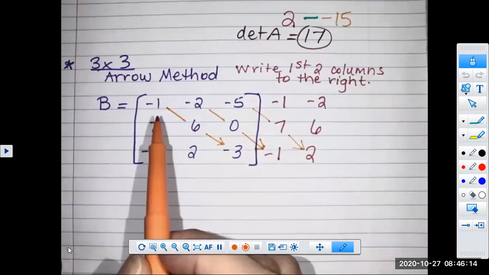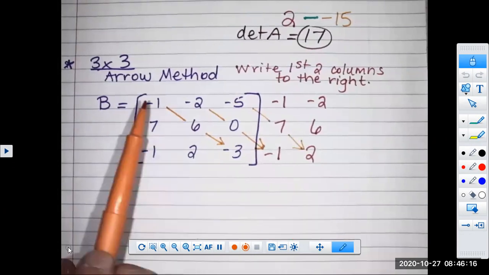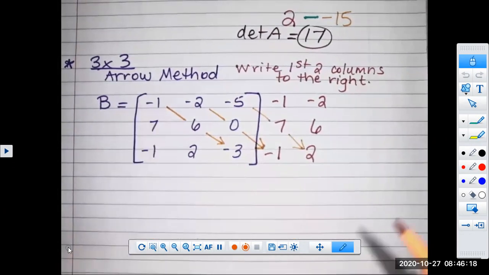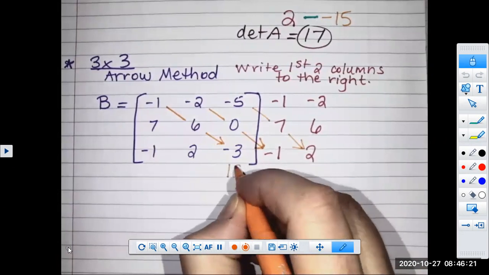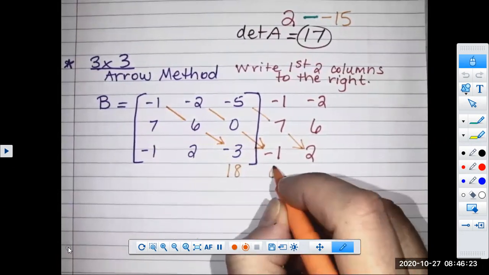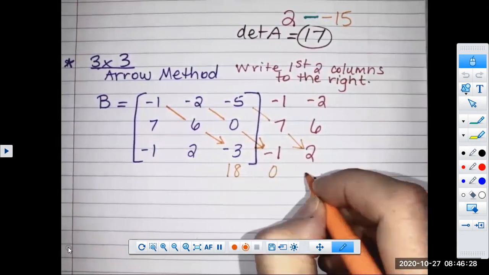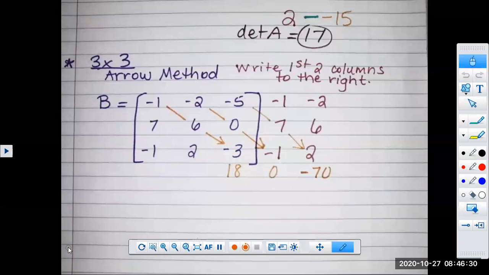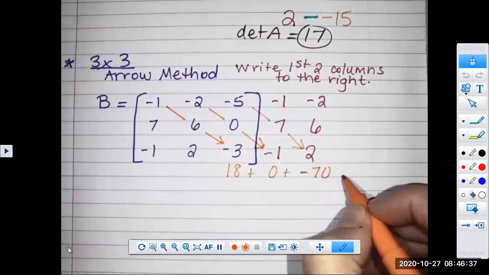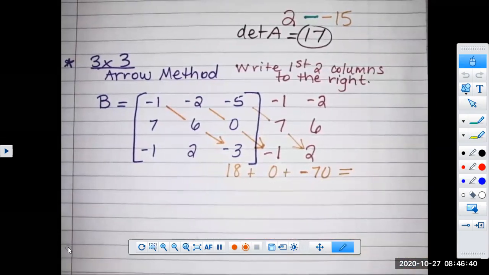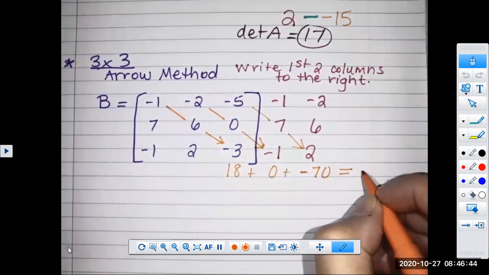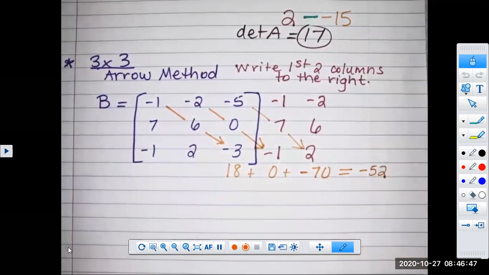And this is the way I do it: I just go ahead and write the product of each underneath. Can anybody tell me what we will do with those values? Okay, then you have to add all of those up. So I get negative 52.